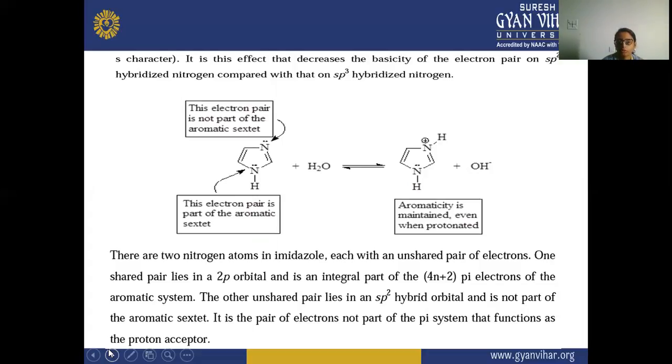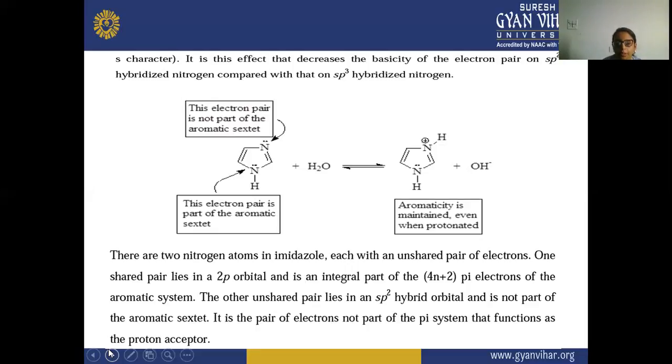Therefore there are two nitrogen atoms in imidazole. This is the structure of imidazole, and there are two nitrogen atoms, each having an unshared pair of electrons. One shared pair lies in the 2p orbital, an integral part of the 4n plus 2 pi electrons of the aromatic system.